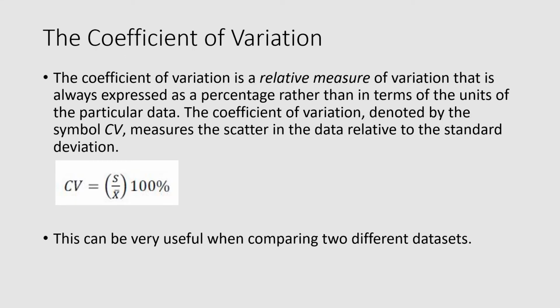Now, the coefficient of variation is very important when you have two different data sets with unequal size. I think we talked about this when we were discussing the frequency tables and the relative frequency. We use percentage to compare and describe two different data sets with unequal sizes.